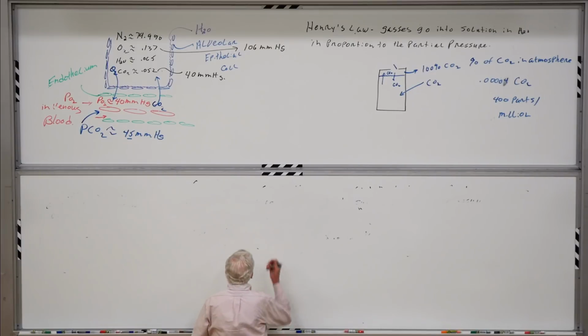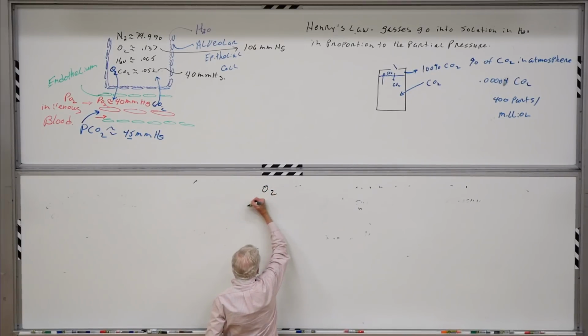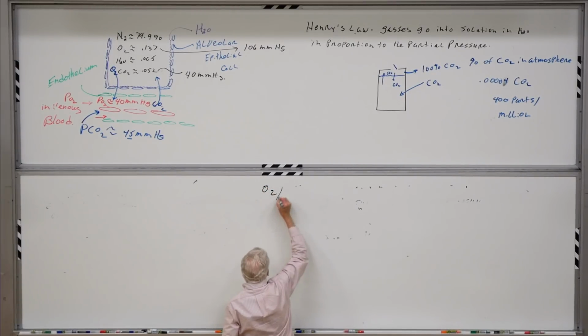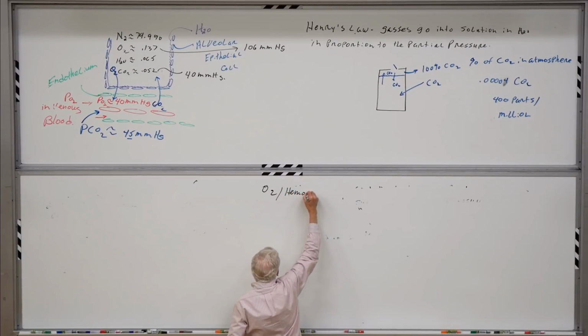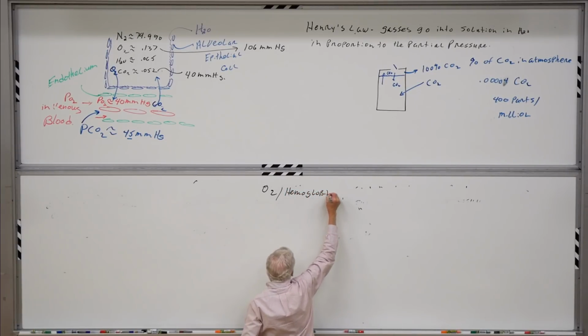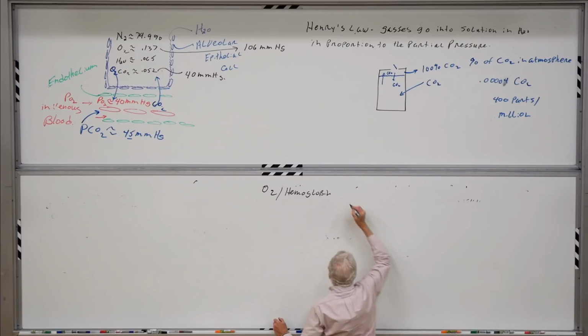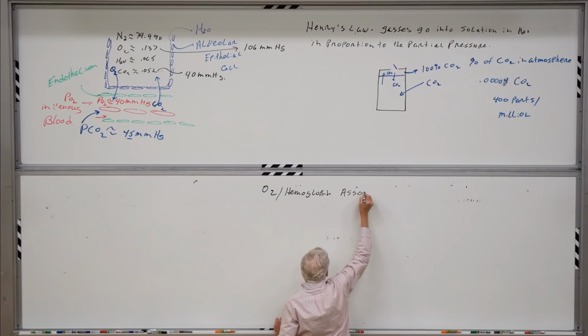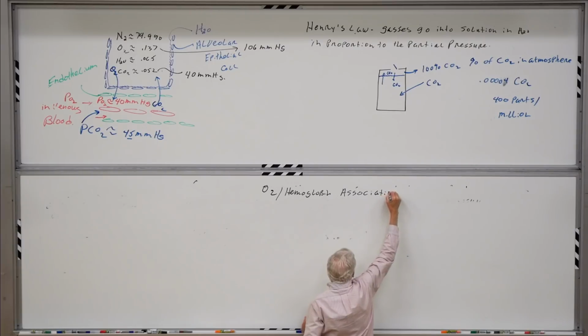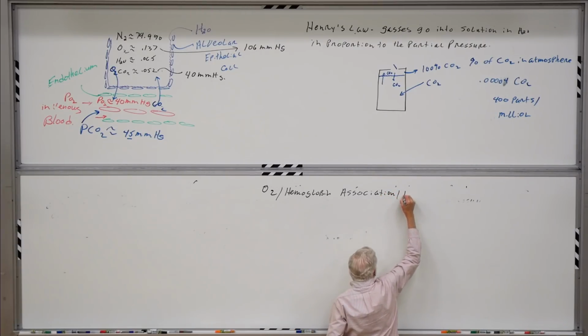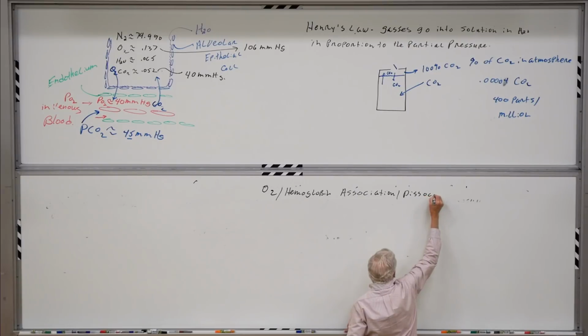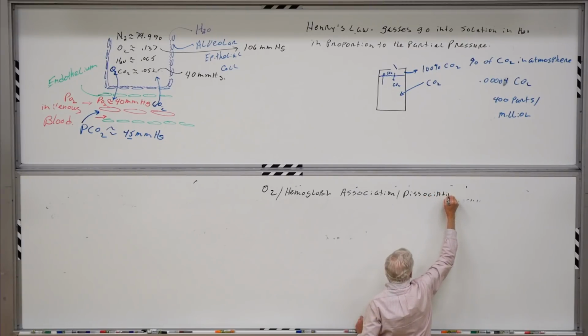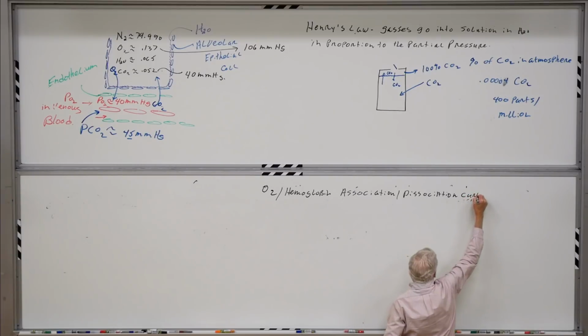So this is the oxygen/hemoglobin association and its inverse, dissociation curve.